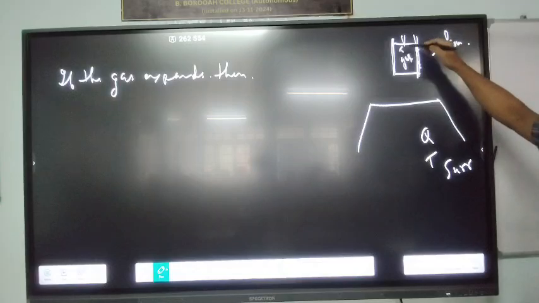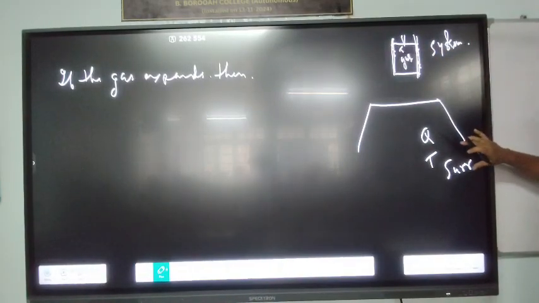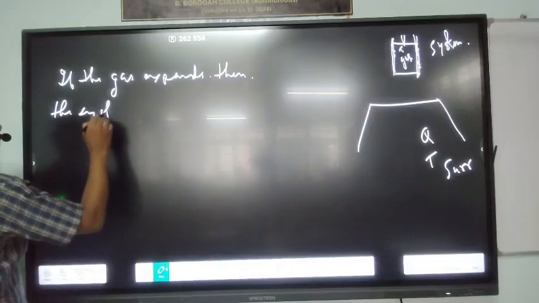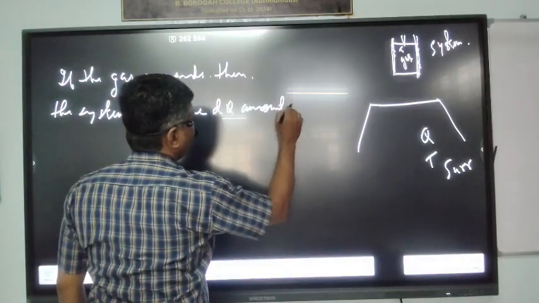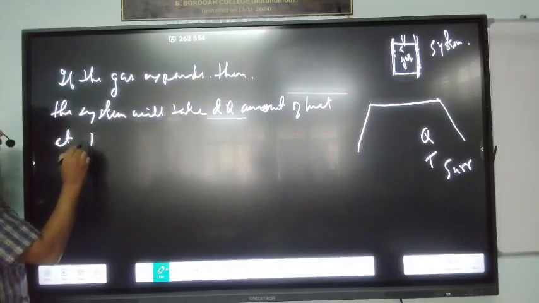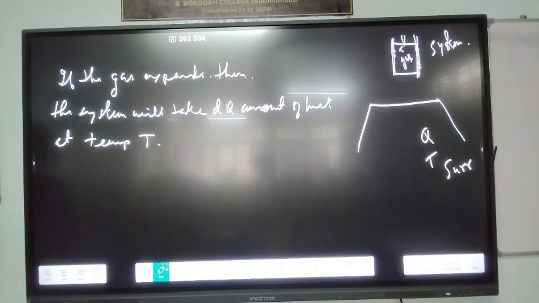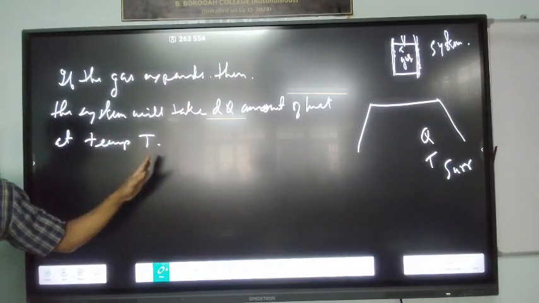Even though all walls are adiabatic so nothing can go outside, there is a connection between this and this, so I will call this the system and this the surrounding. As the gas expands, the system will take dq amount of heat at temperature T, because the reservoir temperature is T and the system temperature is T. So now I am allowing the system to expand and the system will take dq amount of heat from the surrounding at temperature T.